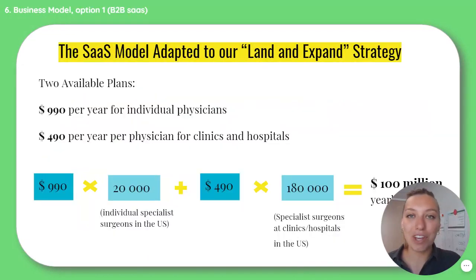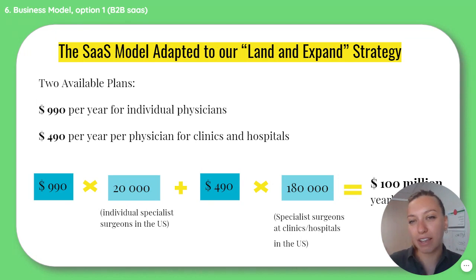Okay, moving on to the business model. So here's where you show how you earn money on your startup. And if you have a lot of different plans and a lot of different ways of doing that, I recommend you to simplify it a bit and take some averages.